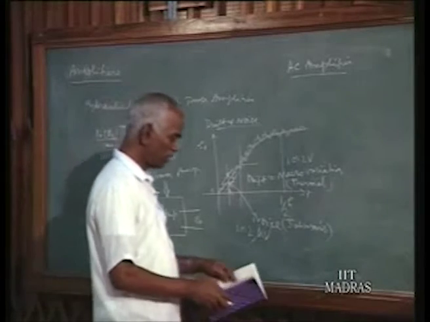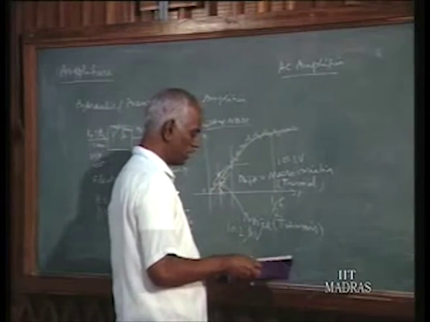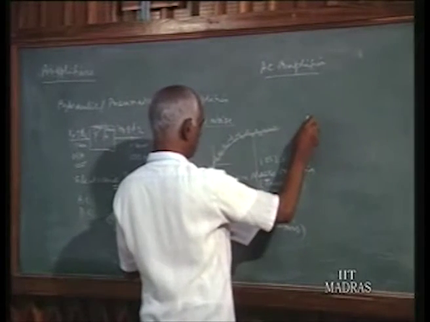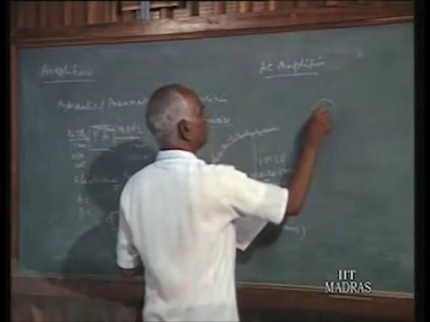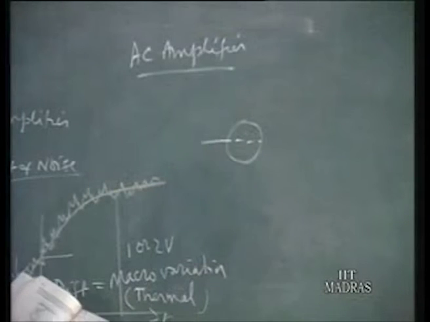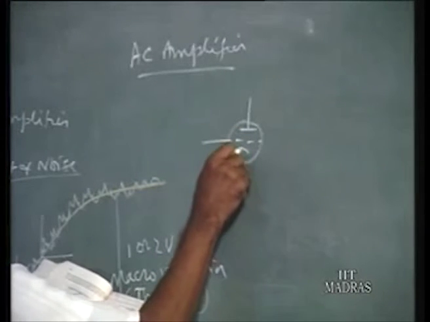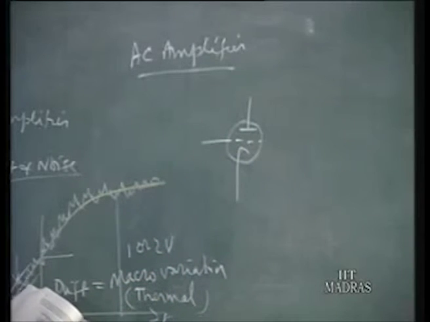In AC amplifier, take a crude form of AC amplifier in a single stage, for example the old tube type construction, the electronic valve, and more or less the same principle is there for the transistor.